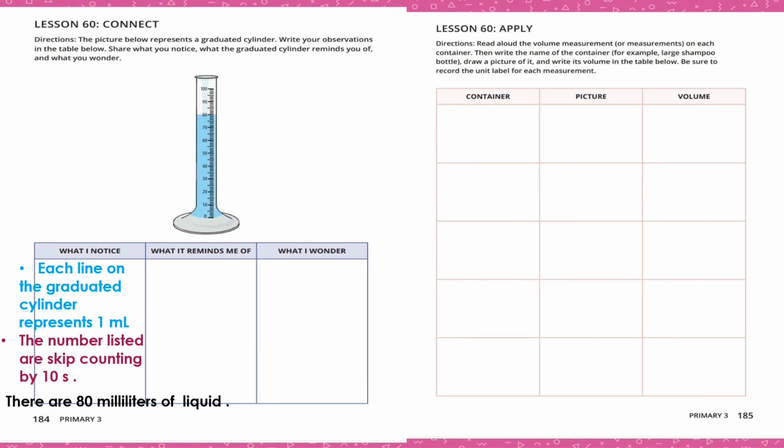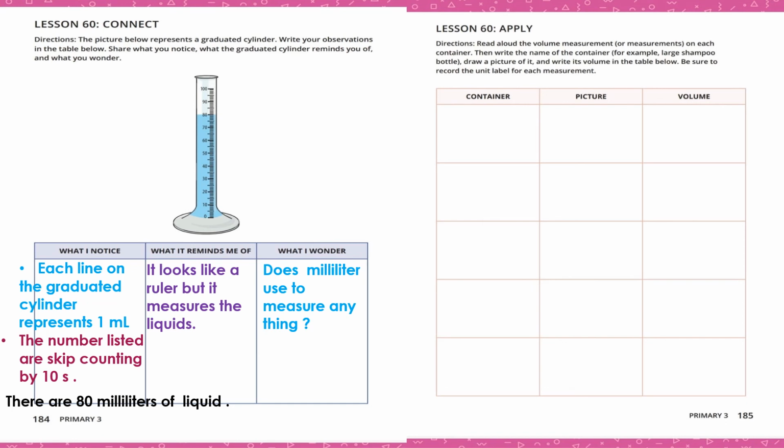The second column, what does it remind me of? It looks like a ruler, but it measures the liquids. We use it to measure any liquid. What I wonder, does milliliter use to measure anything?